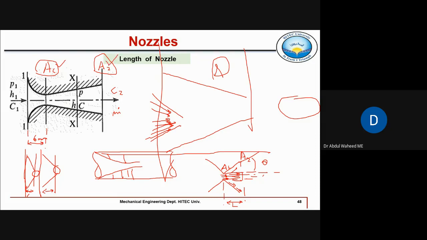Now to achieve this A2, this is for example convergent area. Now you can achieve the same A2 in a very small length, or you can achieve this same A2 in a larger length or a longer length. This one.